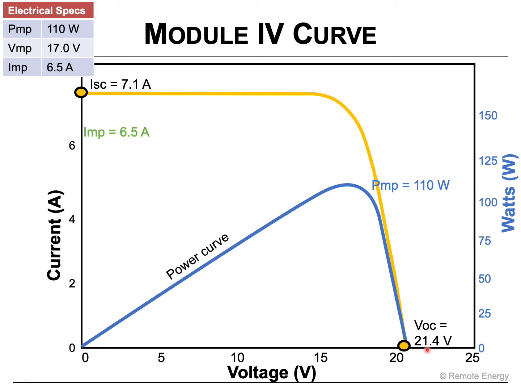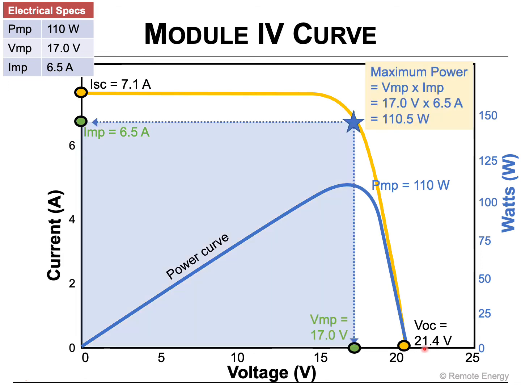And then they look at where on this curve do they get the most amount of power, because everything that's underneath inside of this yellow line is watts. It's power, because power is amps times volts. Okay, and so they're looking for at what point do we get the most amount of power, and where the star is, that's the maximum power point.